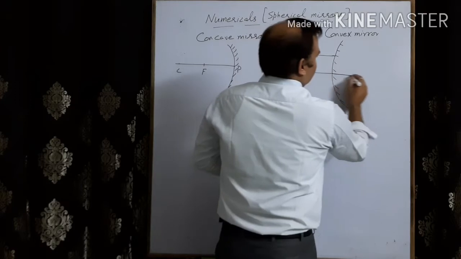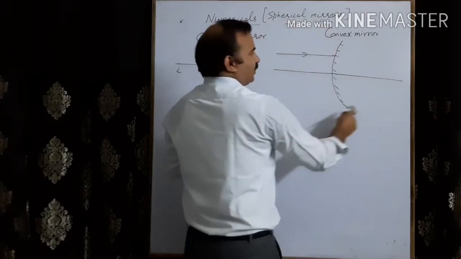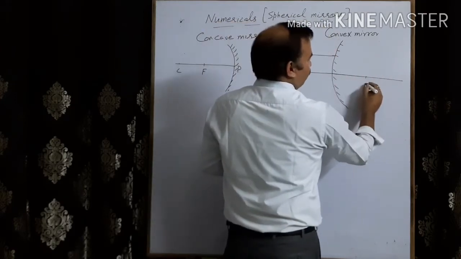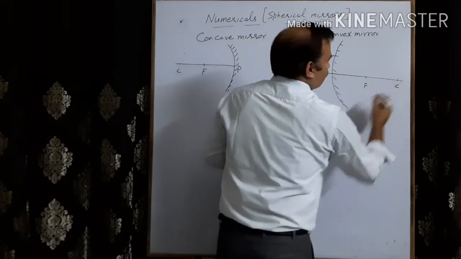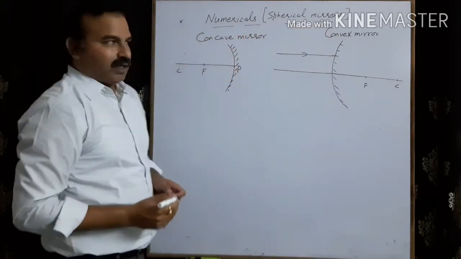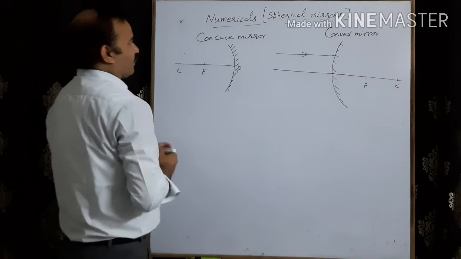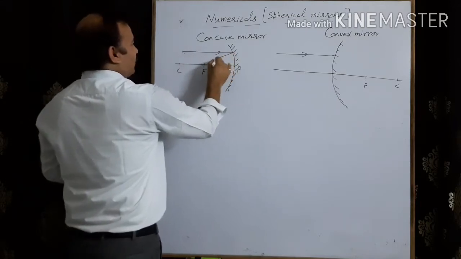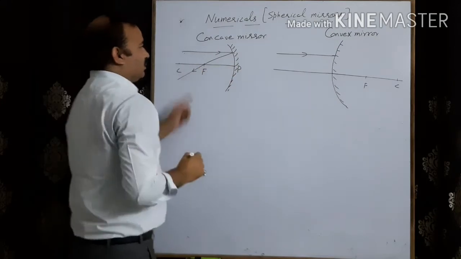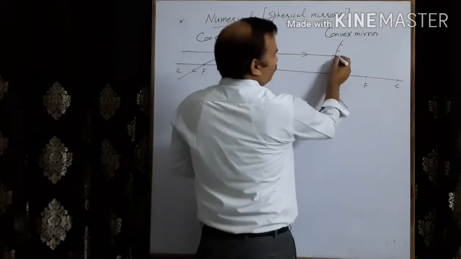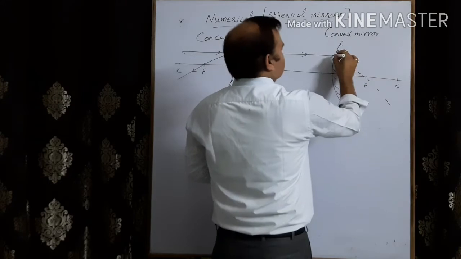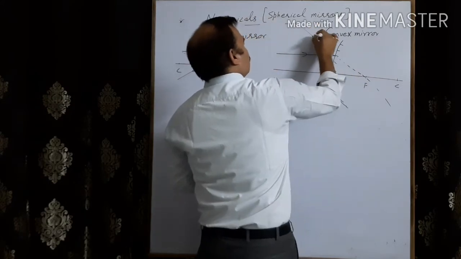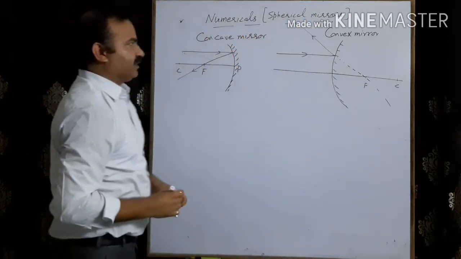For this convex mirror, this is the focus and this is the center of curvature. Fine. Now this is a parallel ray of light. After reflection it seems to pass through the focus and goes in a reflected manner like this.